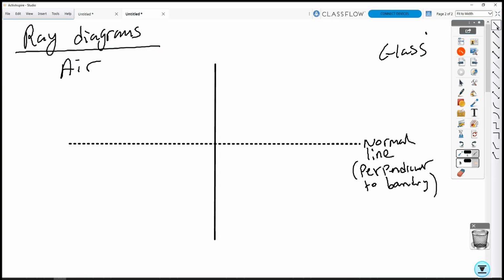So if we drew our two lines, we get something which looks like this.